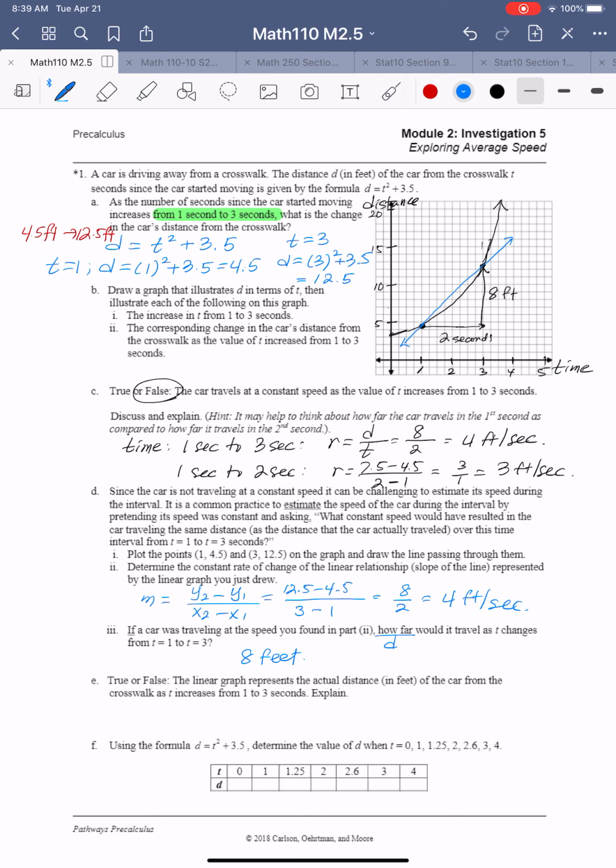The linear graph represents the actual distance of the car from the crosswalk as t increases from 1 to 3, which is false, because the linear graph, which is the secant line, only represents the graph of a relationship with a constant rate of change that covers the same distance in the same amount of time as the original relationship, but it's not actually that, because the function is not linear.